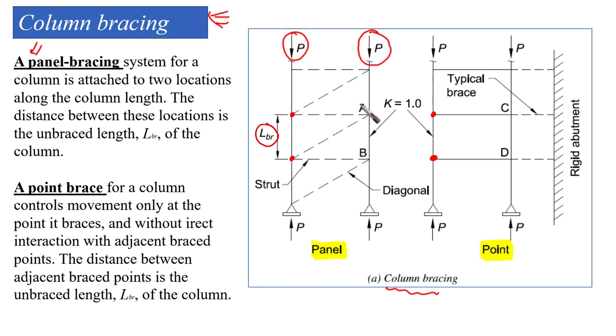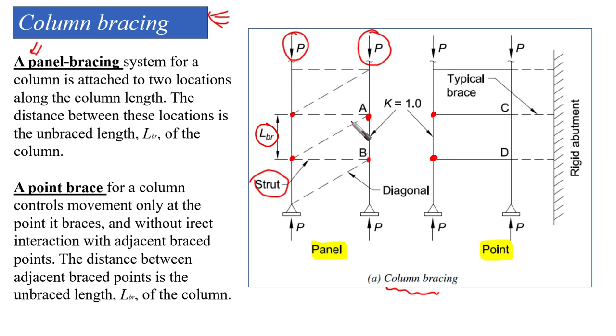For any member, for example column AB, we're going to find that point A is braced by this strut and diagonal, and point B is also braced by this diagonal in this direction. And between them, we have the strut. So this means that point A and point B are prevented from moving relative to one another.